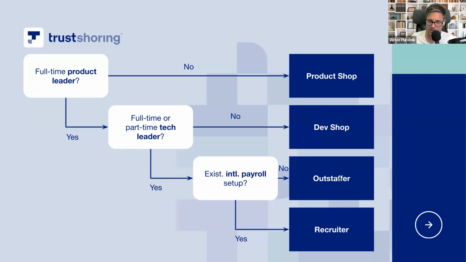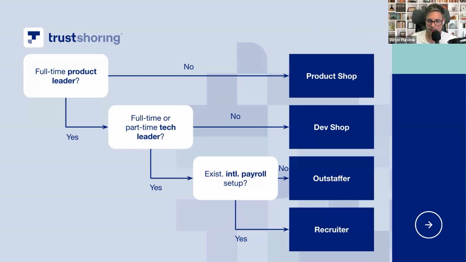It means it's your talent, they recruit, but they also just do the employer of record and subcontract those people to you. And those are really the four types of vendors out there that you could work with.